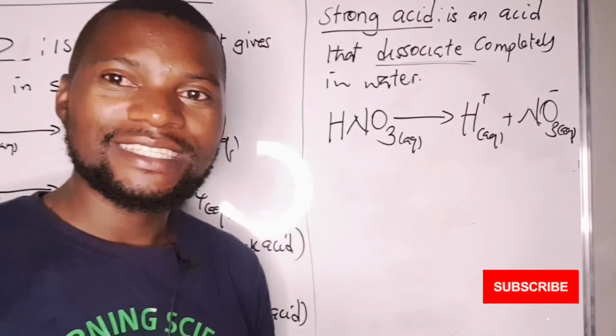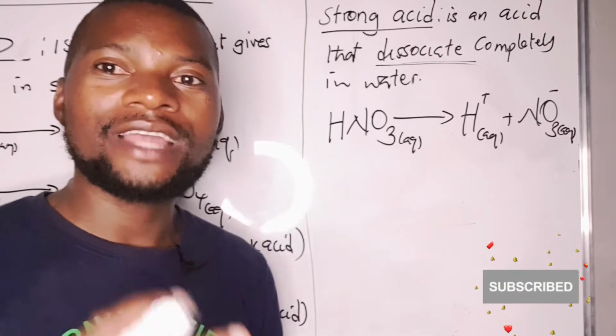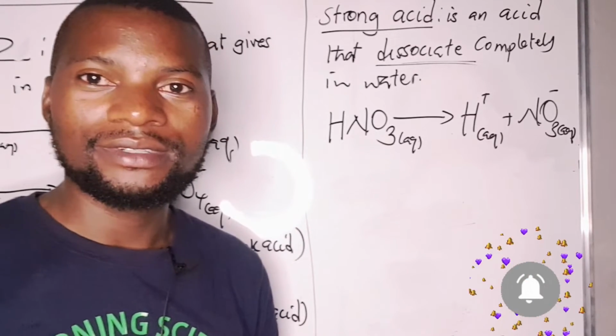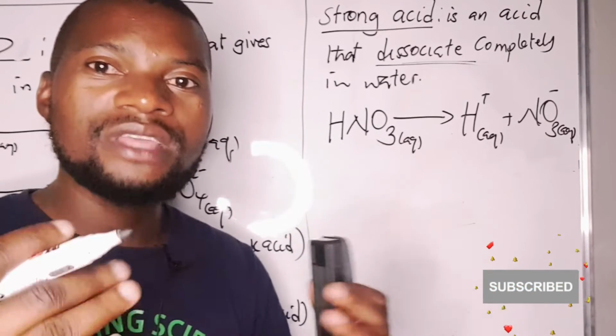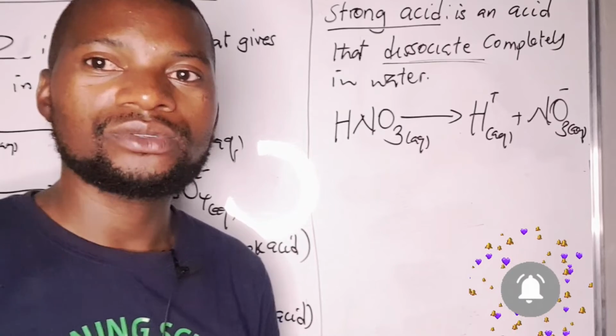So nitric acid completely ionizes in solution. This simply means that it gives out all the hydrogen ions in solution.